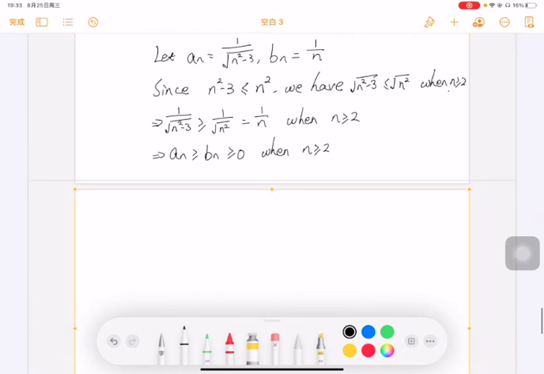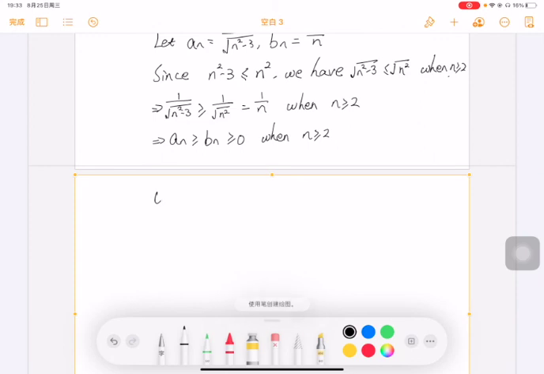And by the comparison test, before we use it, we have to find out whether the series Bn converges or not.